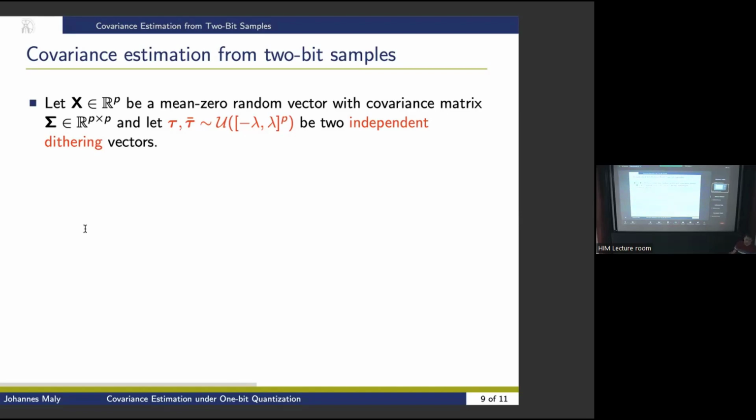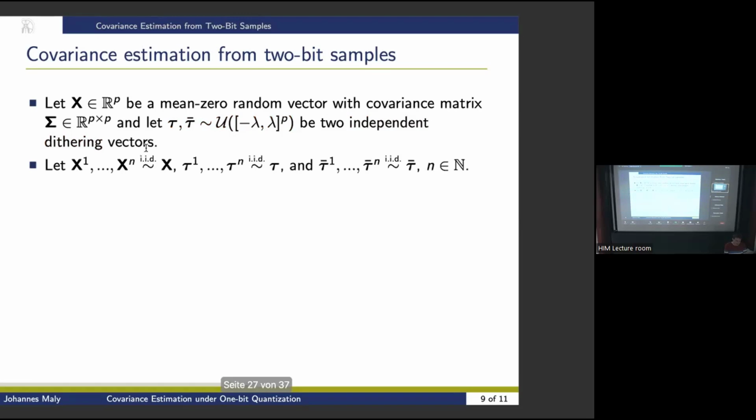Namely, we added dithering to the quantization procedure. So we have now not only our unknown x, but we have in addition two designed dither vectors. And for each sample, we draw corresponding dithering vectors. So for sample x1, we draw tau1 and tau-bar1.